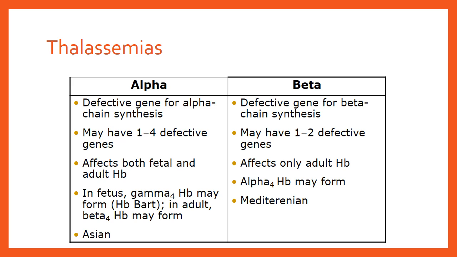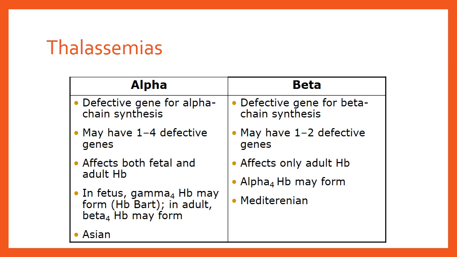But again, the variety of clinical symptoms in both disorders may vary depending on the number of genes involved, and some consider that these are not real anemias, but this can also result in a real anemia with hemolysis.